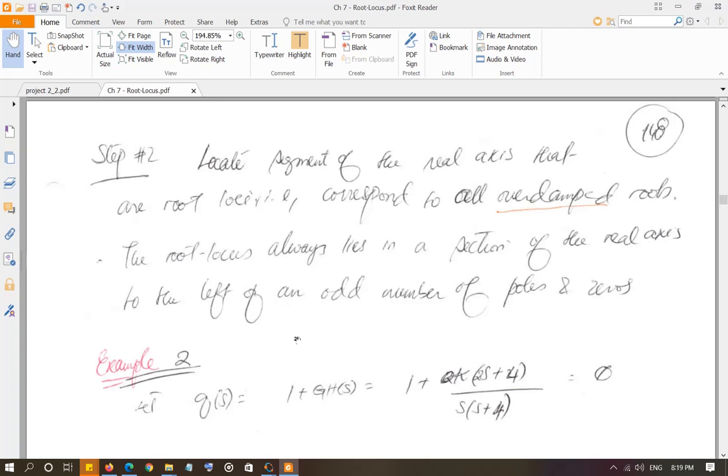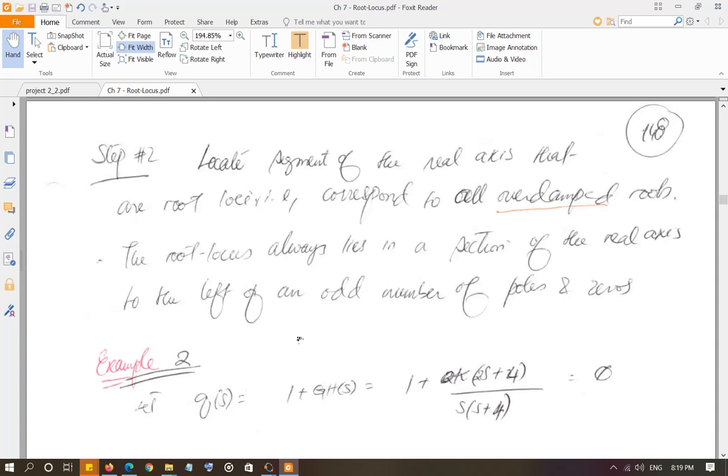So how do we figure out where the collection of roots, or root locus, is present on the real axis? It's pretty straightforward. You look at zeros and poles on the left plane, of course, because our system is a stable system right now.